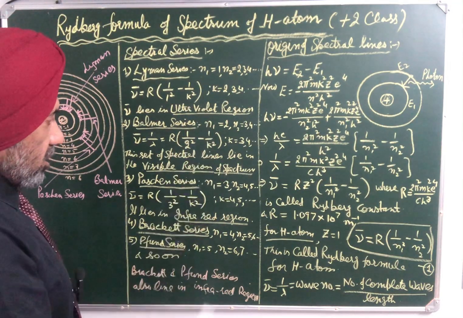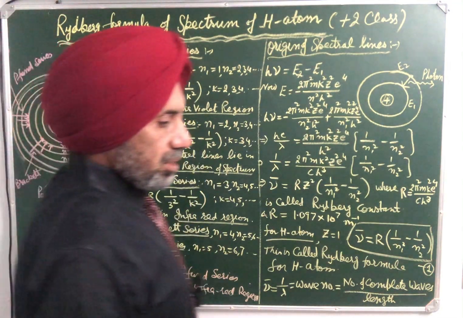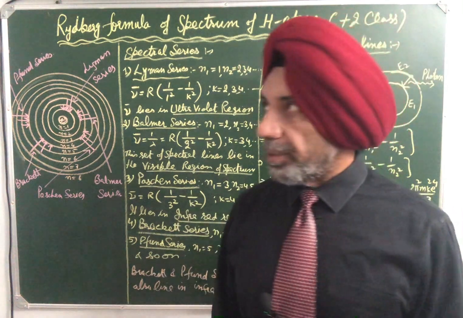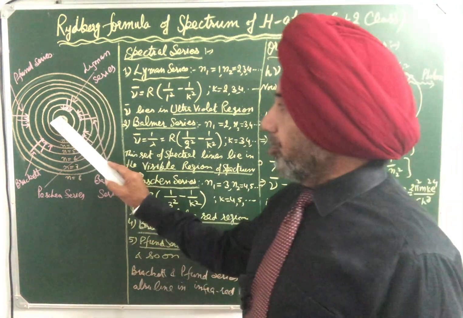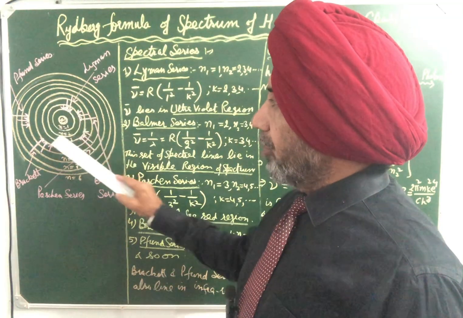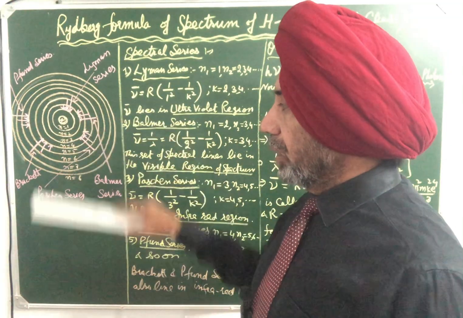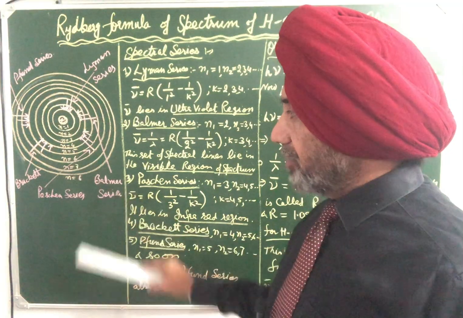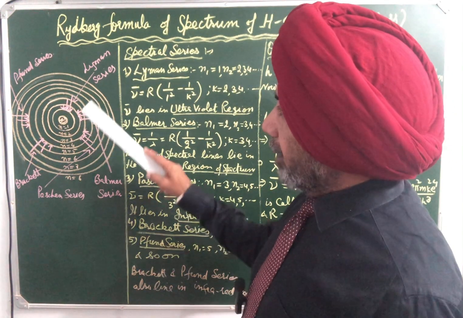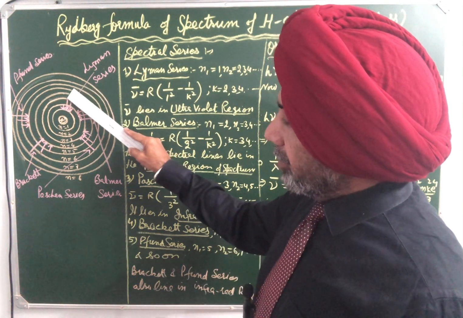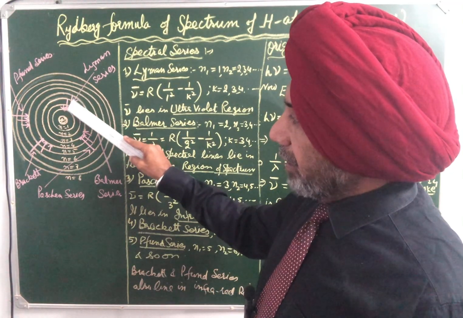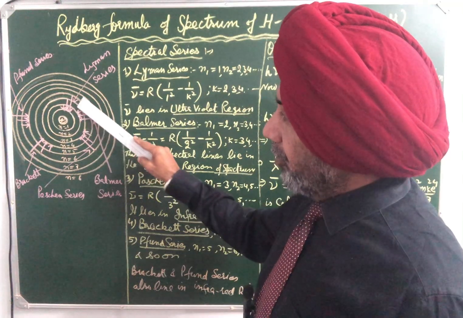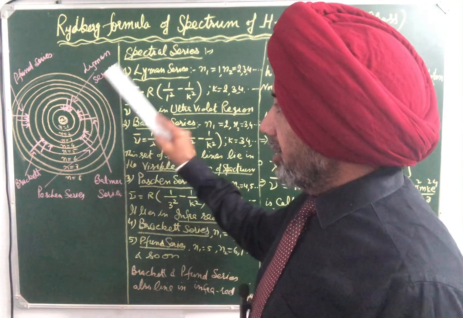So this is all about the various series of the hydrogen atom, which can be shown in a diagram like this. Suppose this is our nucleus, this is the first orbit, second orbit and so on, 1, 2, 3, 4, 5, 6, 7. When an electron jumps from any higher orbit to n equal to 1, this group of spectral lines is known as Lyman series.